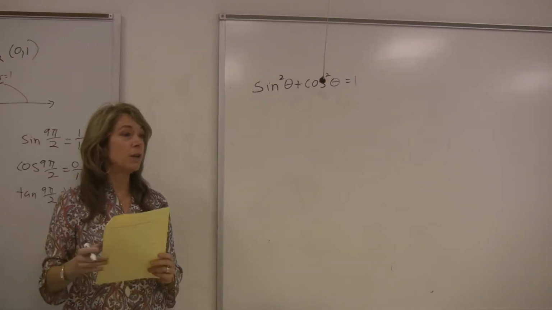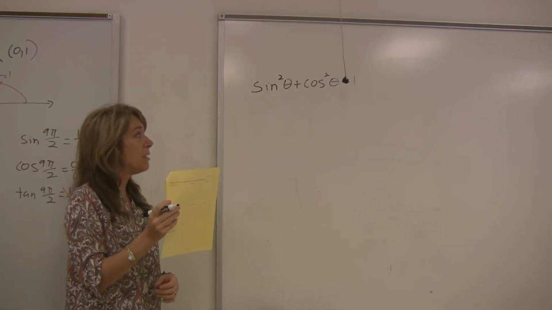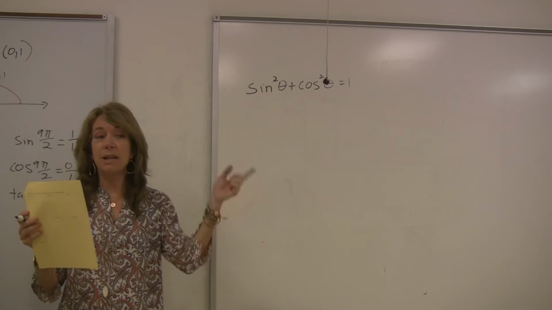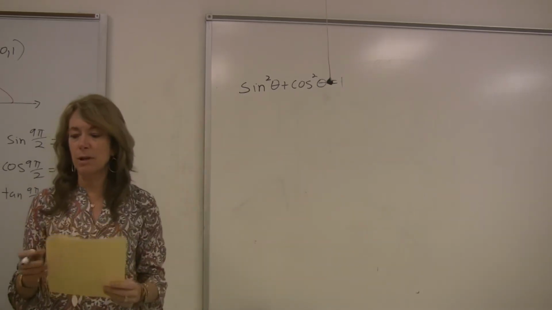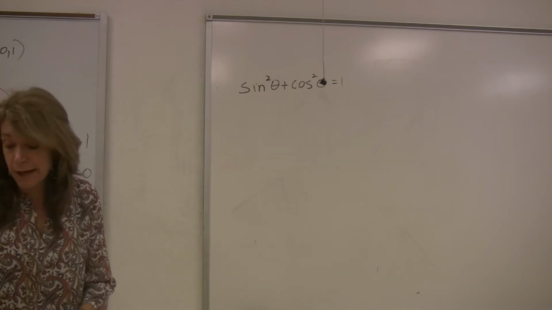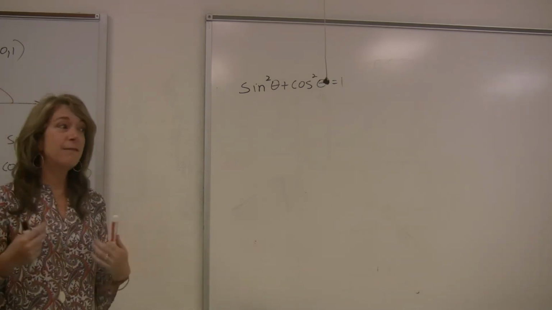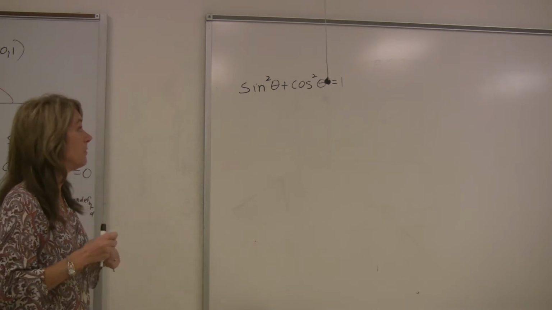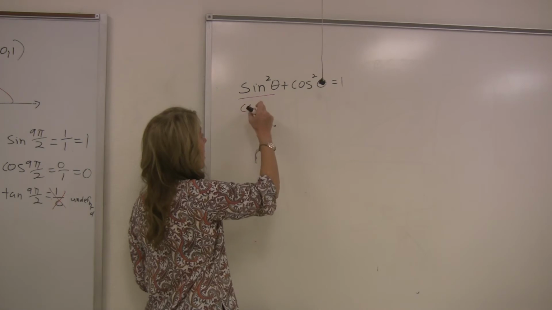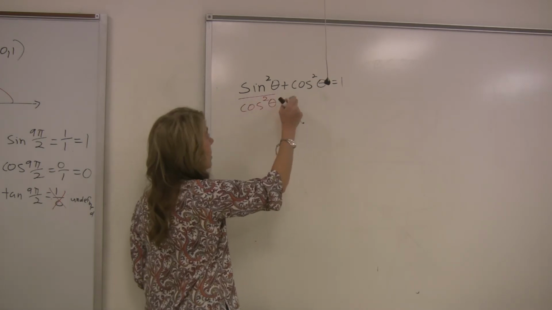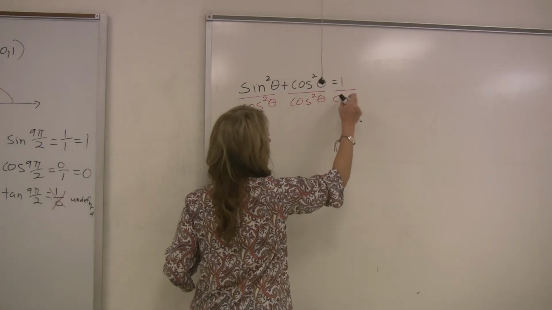You could do that and it would work. But what I want to do is use that to come up with the other 2 Pythagorean identities, because checking those right now is just busy work. We don't have all day, unfortunately. So the trick to get the other 2 is to divide by one of the other trig functions. For example, if I decide to divide everything here by cosine squared, just divide both sides of the equation by cosine squared.